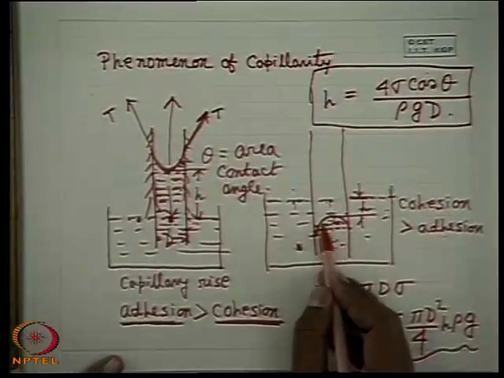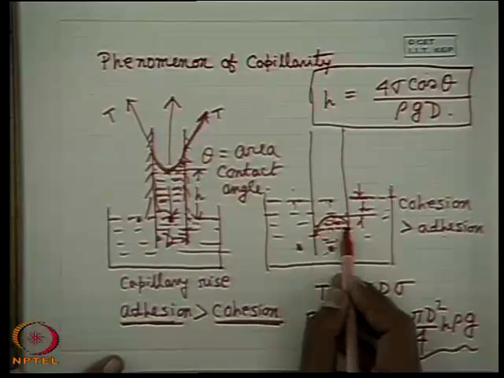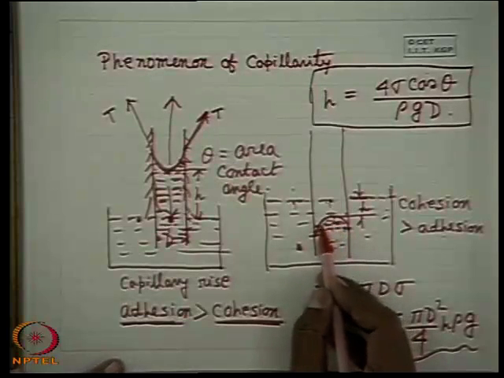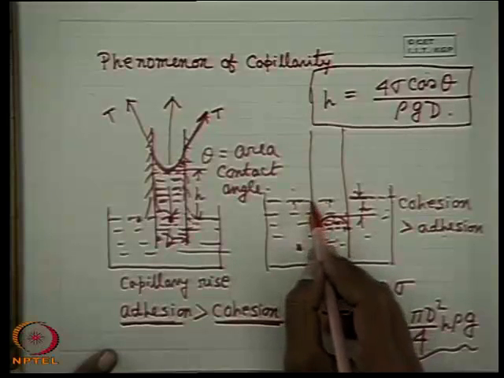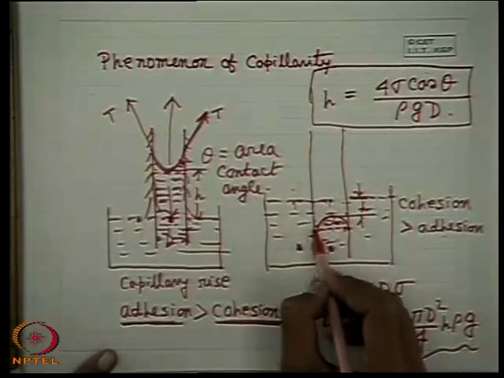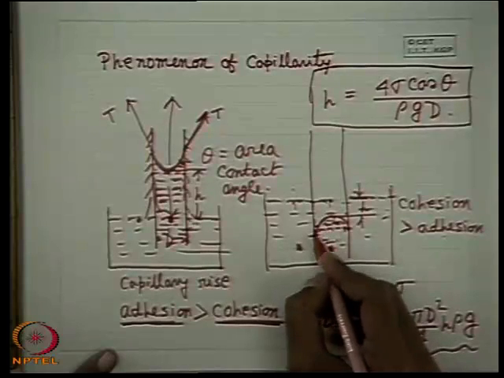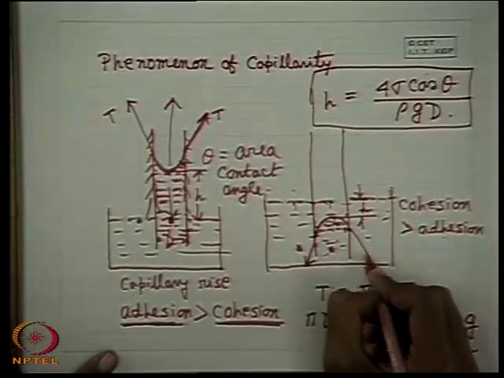The liquid molecules will crowd within each other, and their intermolecular forces drag them out from the free surface. That means they come below the free surface, and what happens? The surface tension force will act in this direction.